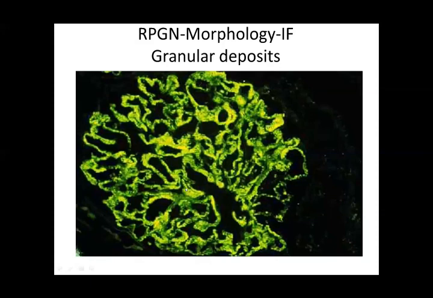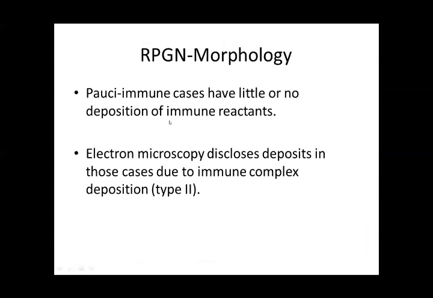In pauci-immune, you will not find any immunoglobulin or complement there. A little immunity is shown, and in about 90% of cases that is by the ANCAs.